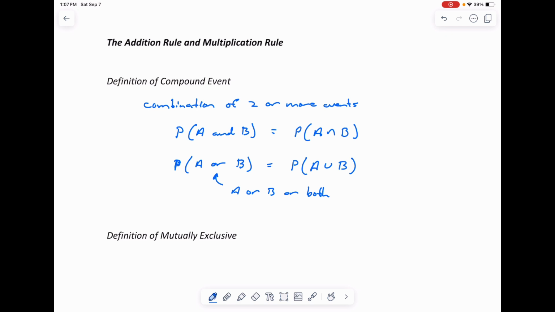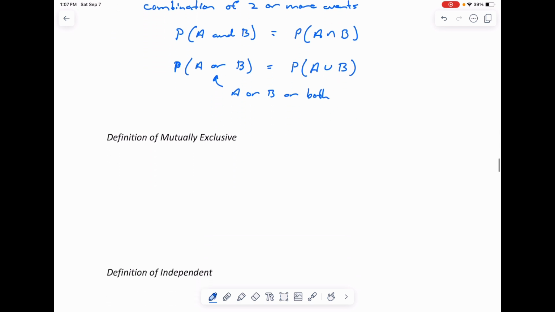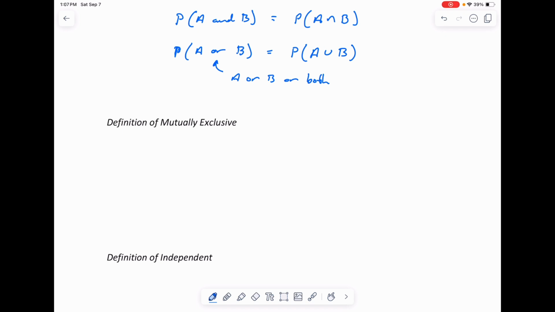Okay. All right. So mutually exclusive. Just some more definitions here to make sure we've got the same language as we work through some of the examples. Two events are mutually exclusive if it is impossible for both events to occur simultaneously.